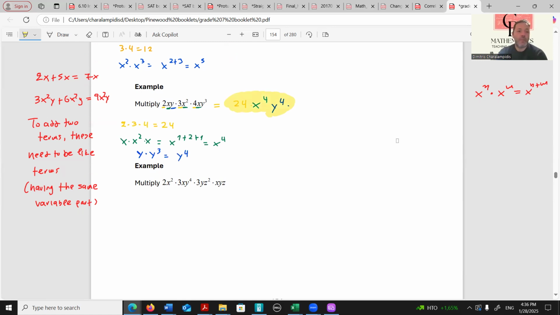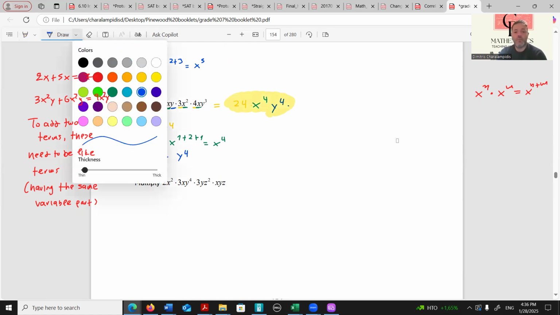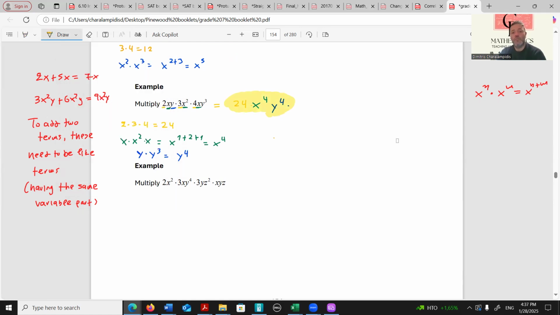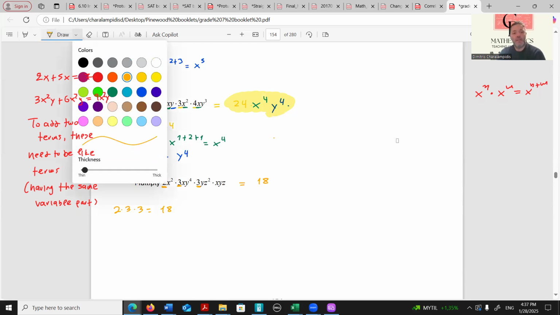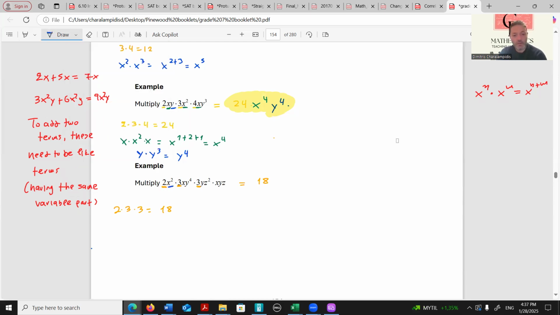Let's do the next one. 2x squared multiplied by 3xy to the power of 4 multiplied by 3yz squared multiplied by xyz. Again, we should be multiplying the numbers together. 2 times 3 times 3, it's 6 times 3, it's 18. So there's definitely an 18. Then the x's together. X squared times x times x from the final one, which means x to the 2 plus 1 plus 1, so it should be x to the power 4.